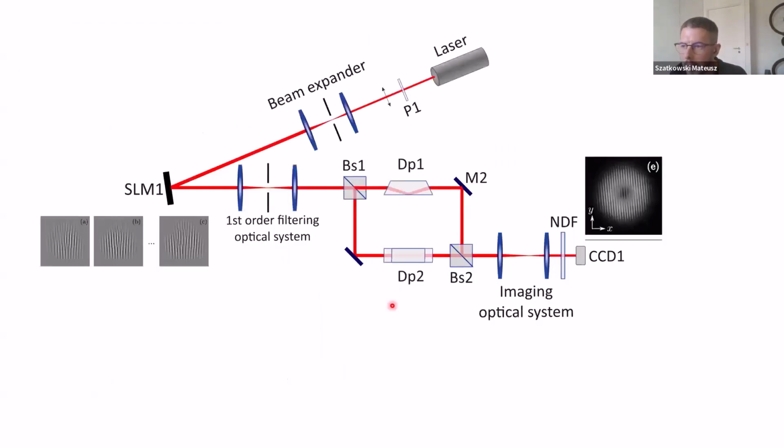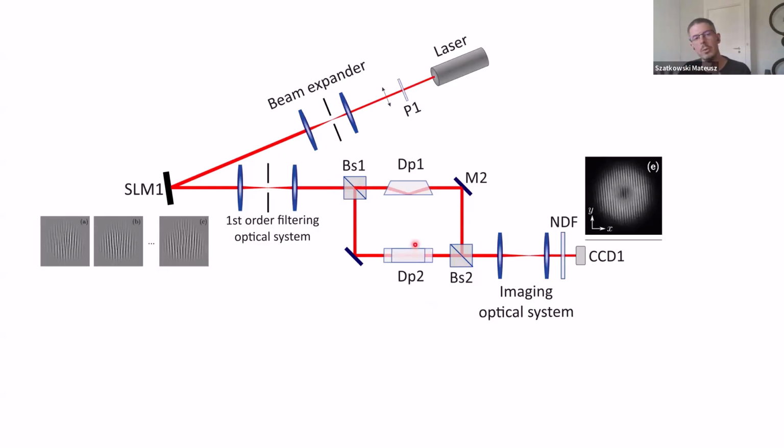So experimental implementation is quite simple. The expanded laser beam, which is this He-Ne laser, illuminates the SLM, and in a loop we display these holograms, filter the beam, and the first order of diffraction goes into the interferometer with two Dove prisms.